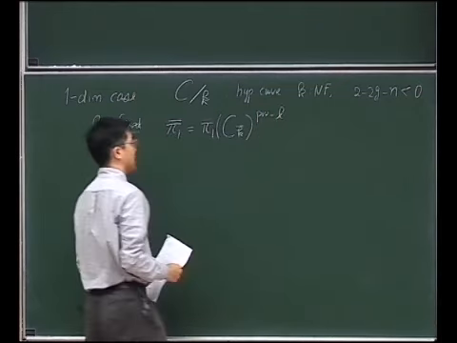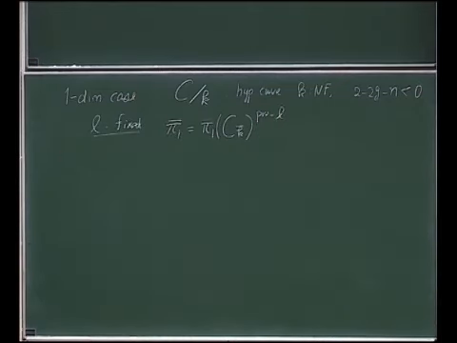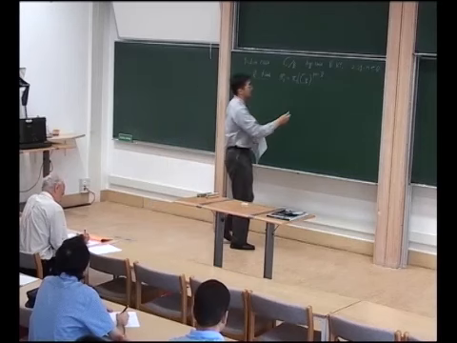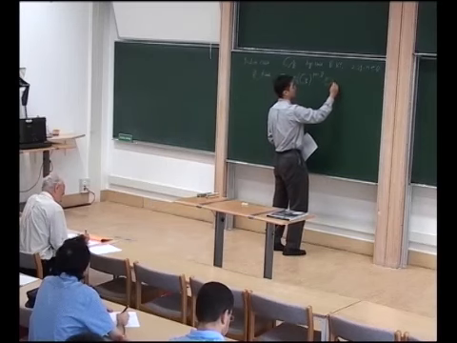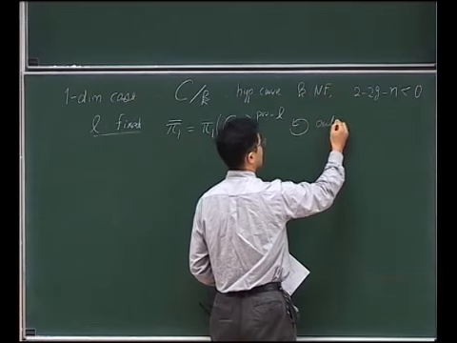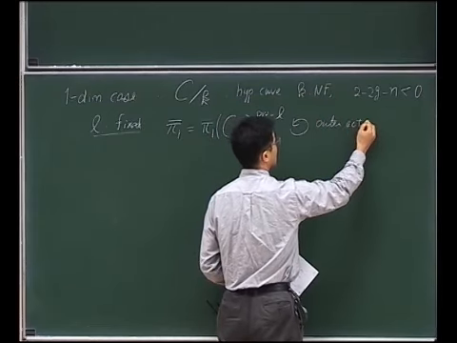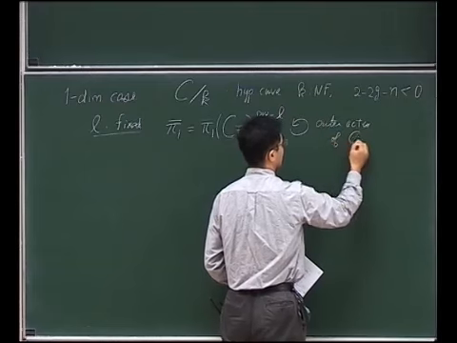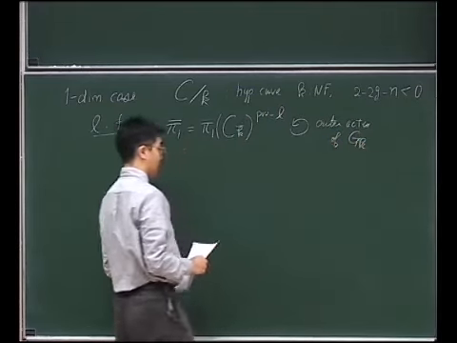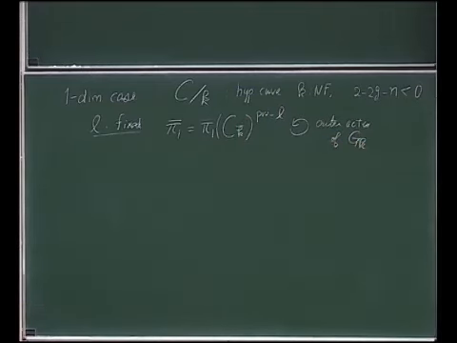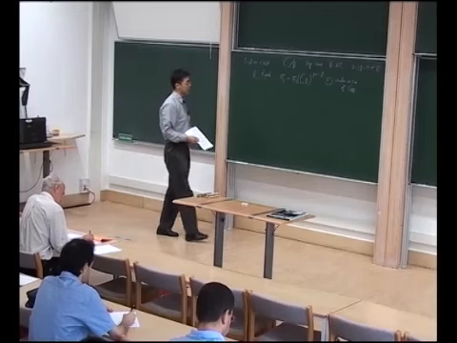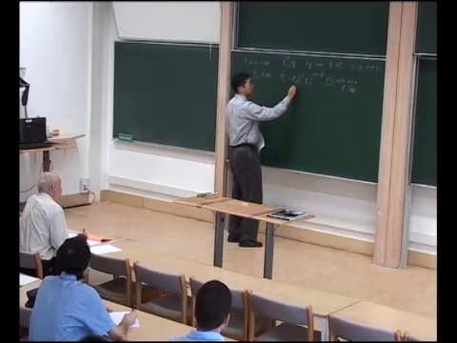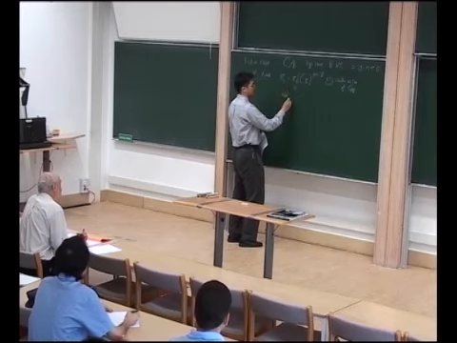That means pi 1 bar of C, taking the maximal pro-L quotient. I just write pi 1 bar. And then from here we have the outer action of G_K.